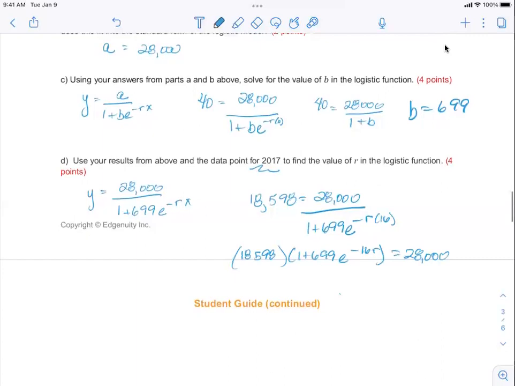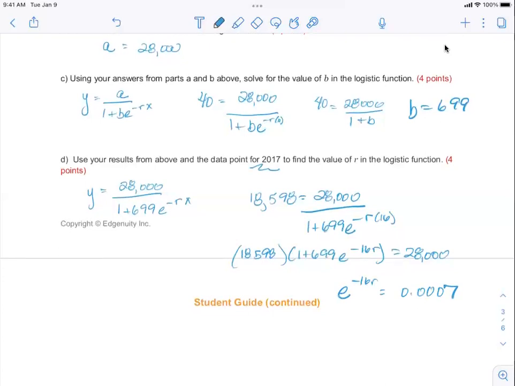At some point, you're going to get e to the negative 16r is equal to 0.0007. The way that you get rid of that e is to bring in a natural log. So natural log of e to the negative 16r is natural log of 0.0007. e and ln cancel out, so negative 16r is equal to ln of 0.0007.